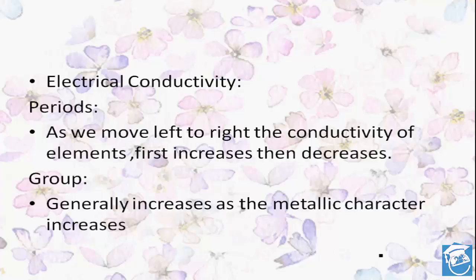So when we go from sodium to aluminum, the conductivity of the element increases. Why? Just because the number of electrons increases and there are more electrons which can move and carry charge. So the electrical conductivity increases.